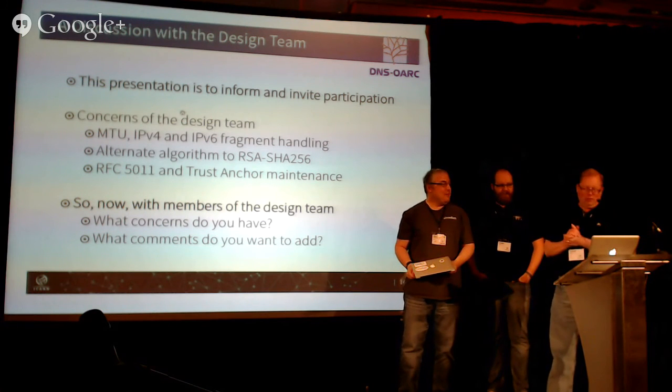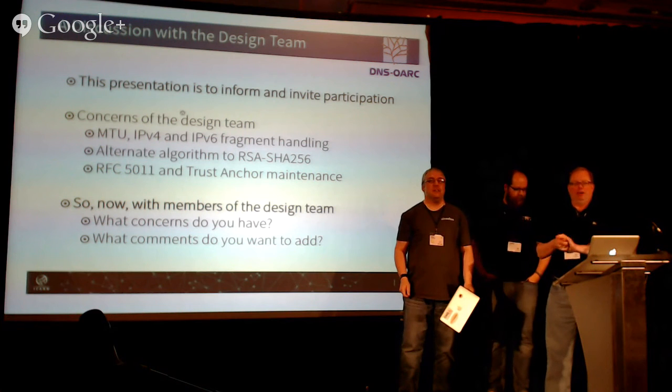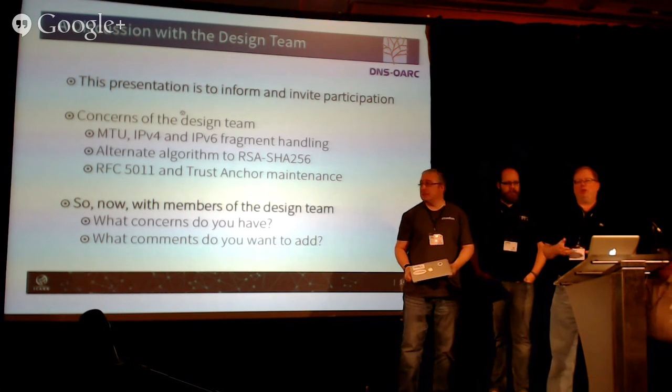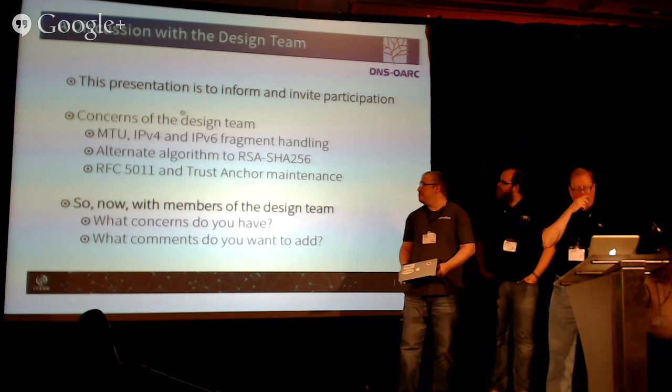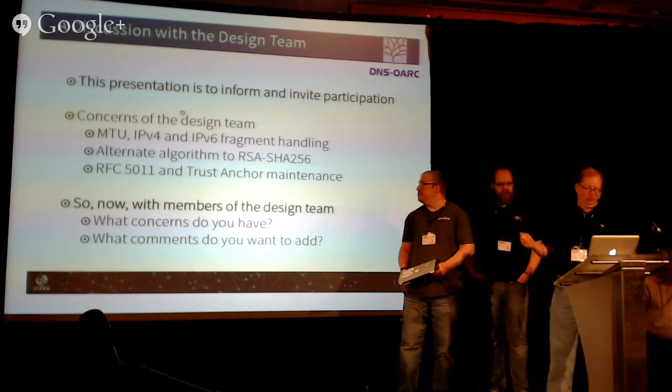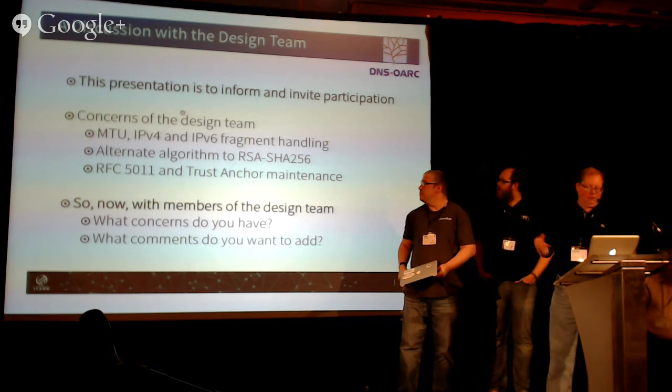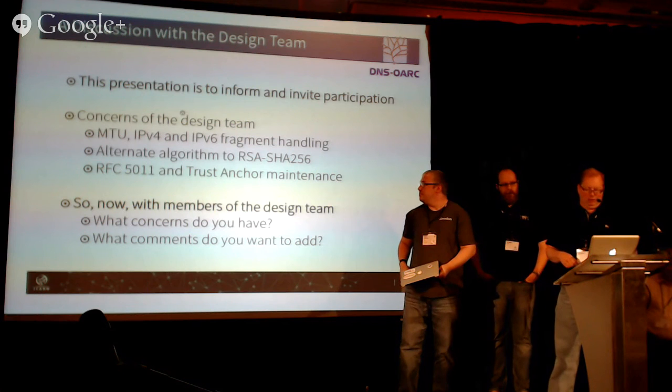Okay, so we have some concerns with the design team, and I want to make sure this is actually a group effort. We're concerned about the message transfer units, the IPv4 and v6 fragmentation. We've actually discussed this earlier; Jeff was talking about this. RSA, the alternative algorithms like ECDSA, and 5011 trust anchor maintenance.